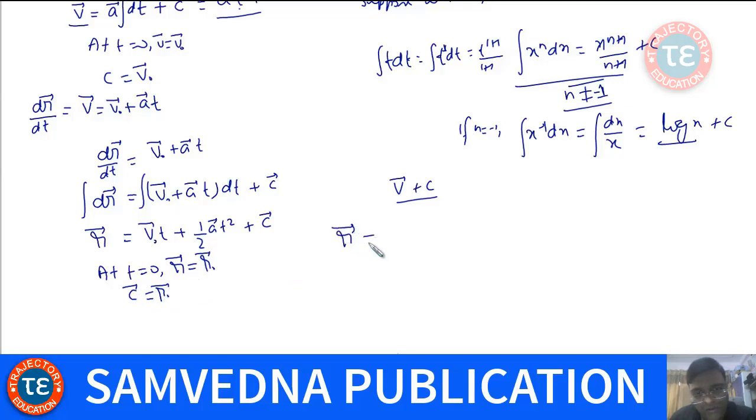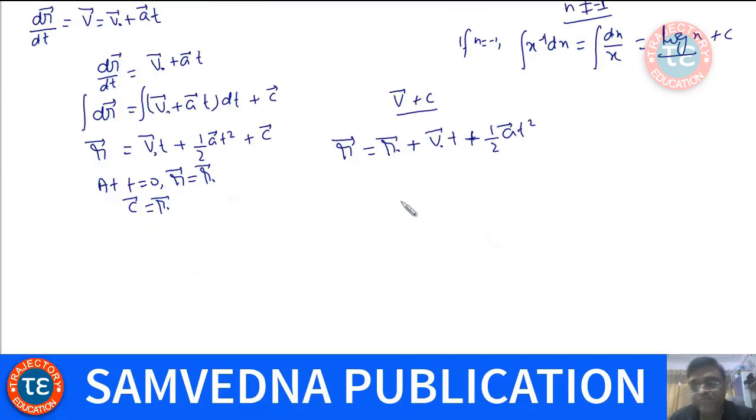So the position is given by r naught plus v naught t plus this. So this is your equation of motion.